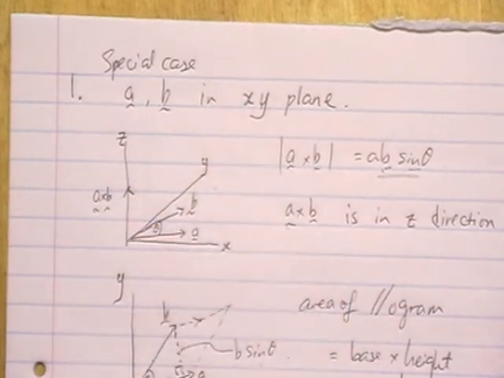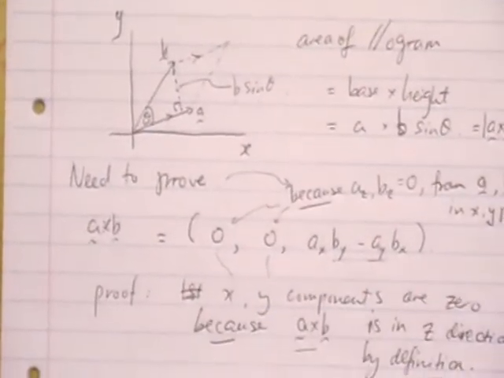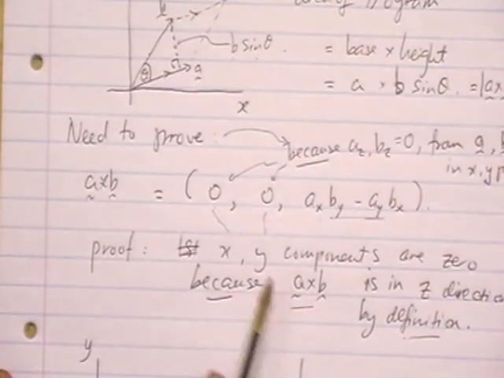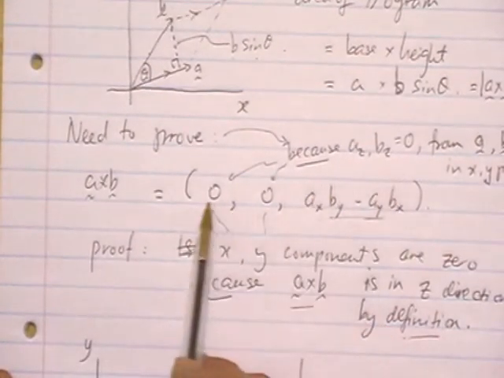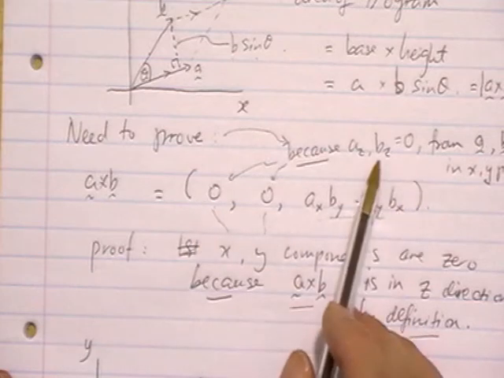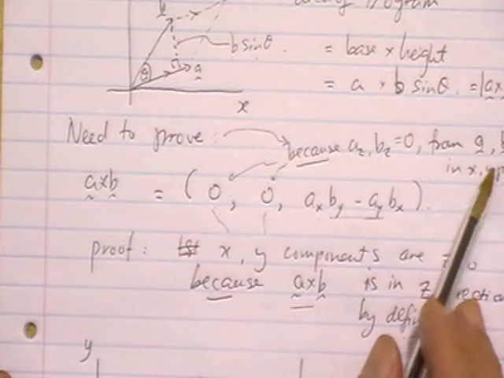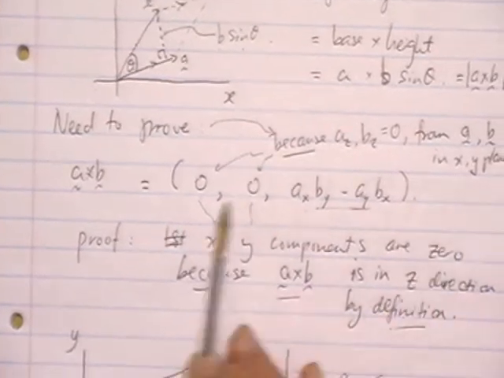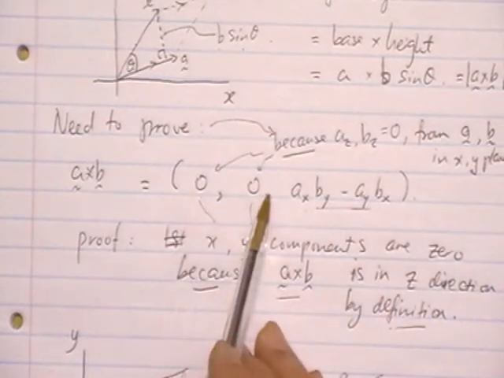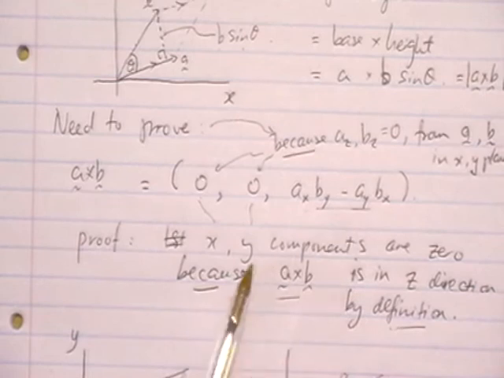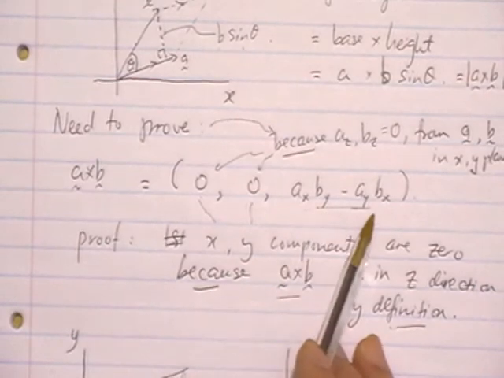So I've proved it, right? Because I've written down the formula for the case when A and B are in the xy plane. I know that the formula must look like this with zeros here and this formula in the z direction.